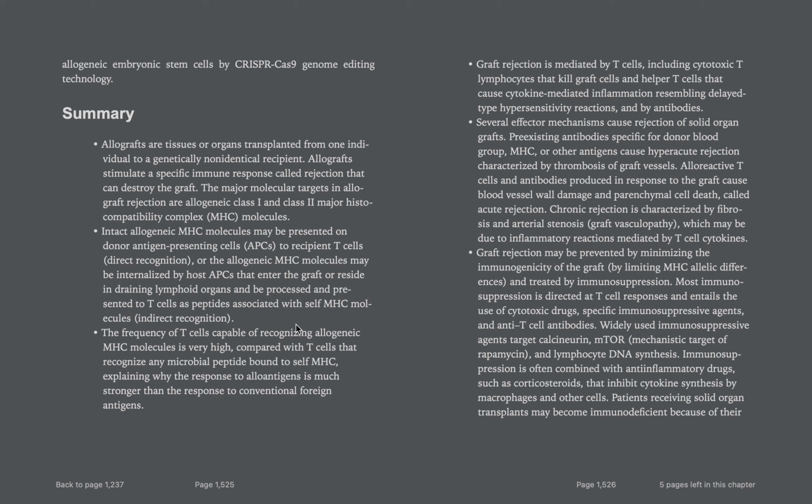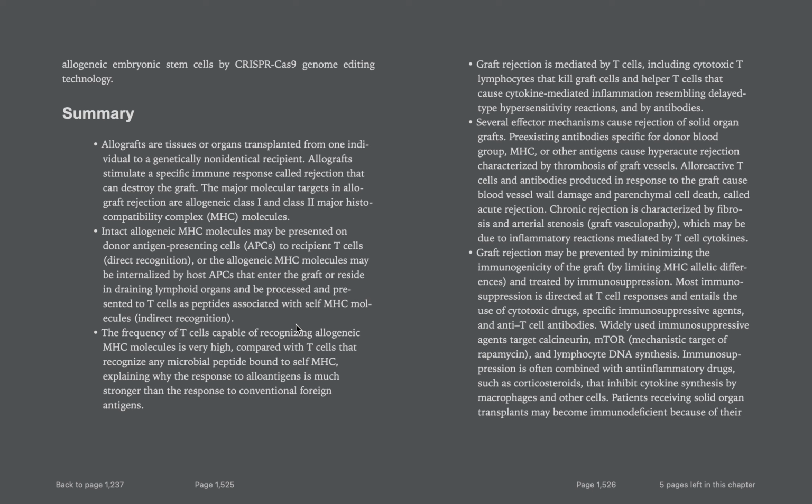Graft rejection is mediated by T cells, including cytotoxic T lymphocytes that kill the graft cells, and helper T cells that cause cytokine-mediated inflammation resembling delayed type hypersensitivity reaction, and by antibodies. Several effector mechanisms cause rejection of solid organ grafts. Pre-existing antibodies specific for donor blood groups, MHC, and other antigens cause hyperacute rejection characterized by thrombosis of the graft vessels.